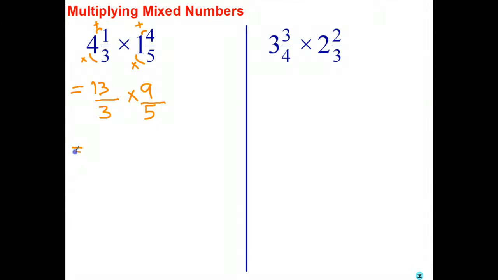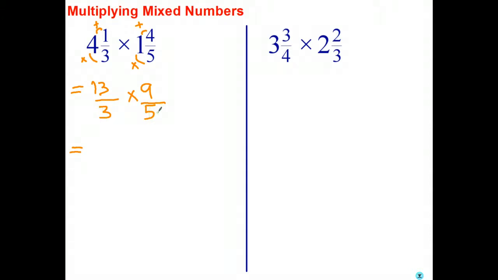Well, I didn't choose very nice numbers here, so we'll just have to do a bit of simplifying first, I think. I can't very easily multiply 13 times 9 in my head, so I prefer to simplify now rather than multiply and have to simplify later. I'm looking at the two numbers in the numerator, 13 and 9, and the two numbers in the denominator, 3 and 5.